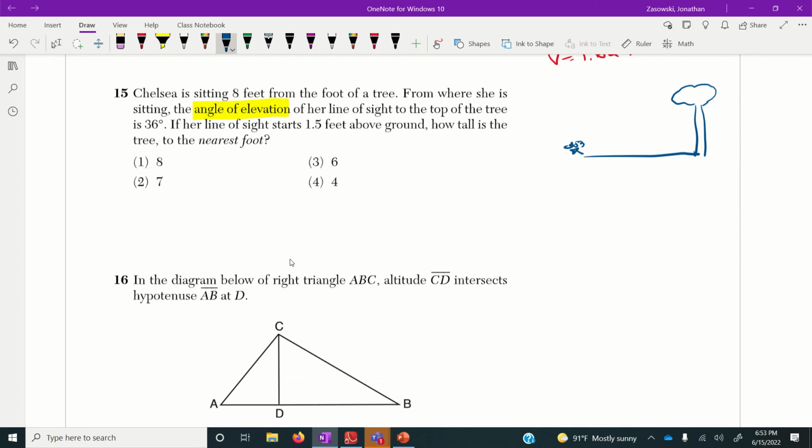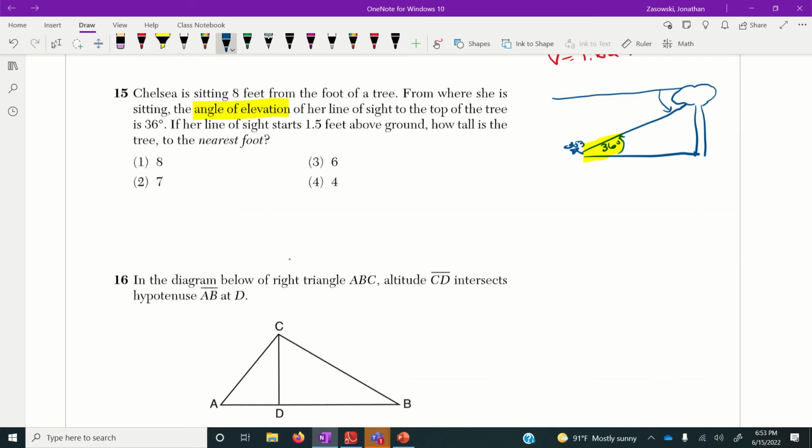From where her line of sight is to the top of the tree, that's 36 degrees. Now remember, elevation is from Chelsea looking up. If there was a birdie at the top of the tree, looking down would create the angle of depression. These two angles are equal. We're always putting the angle of elevation or depression in that bottom corner down there.